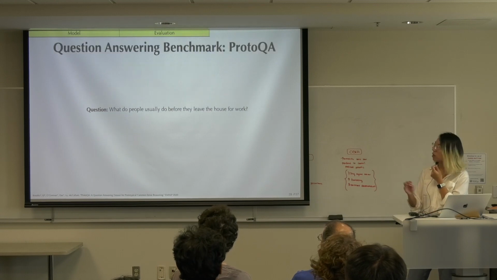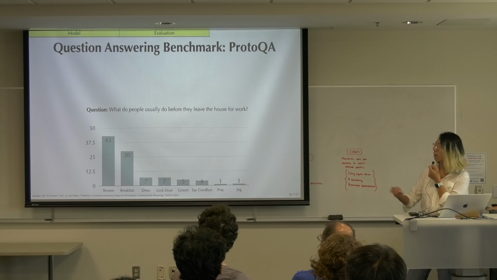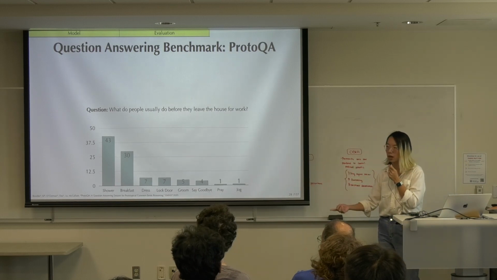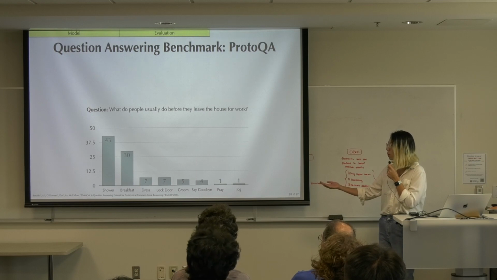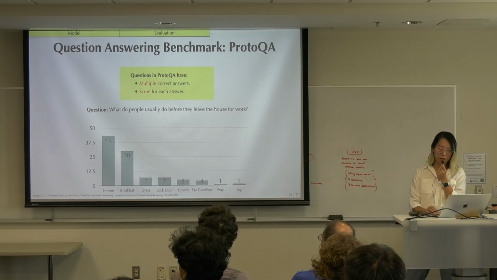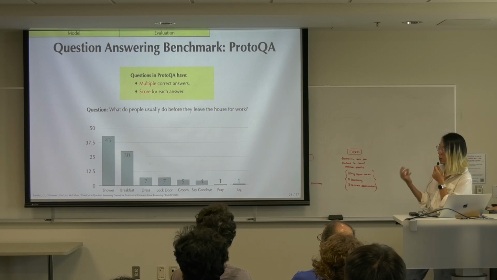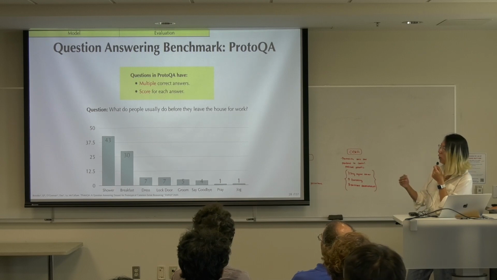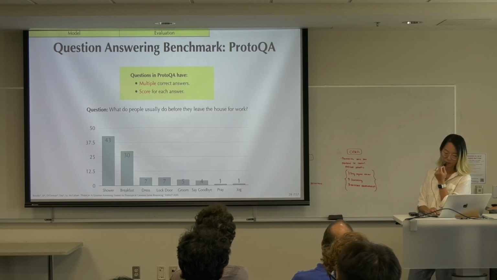And each of these answers has a different probability. More people say that they will take a shower, and fewer people say they will say goodbye or pray or jog before they leave the house for work. So we're also working on proposing benchmarks to evaluate models' performance in this common sense domain probabilistically.